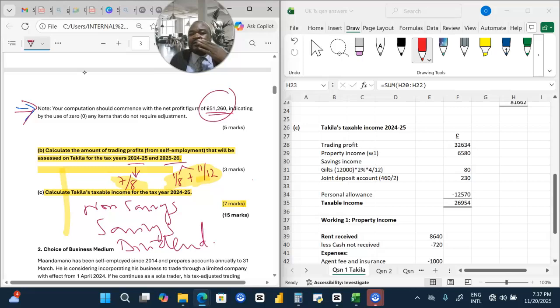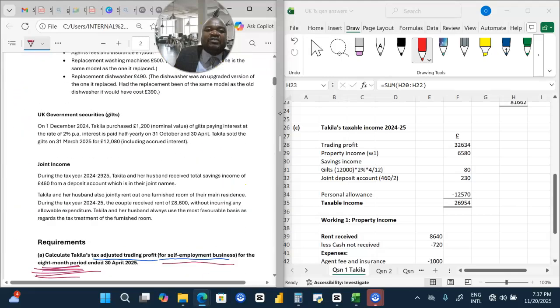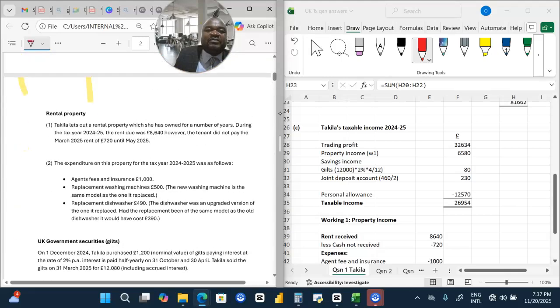Is that clear? When you are computing taxable income of individuals, right? So this is the same thing which we did here, right? But let us first read the rest of the question, because there are a lot of issues which we did not discuss.